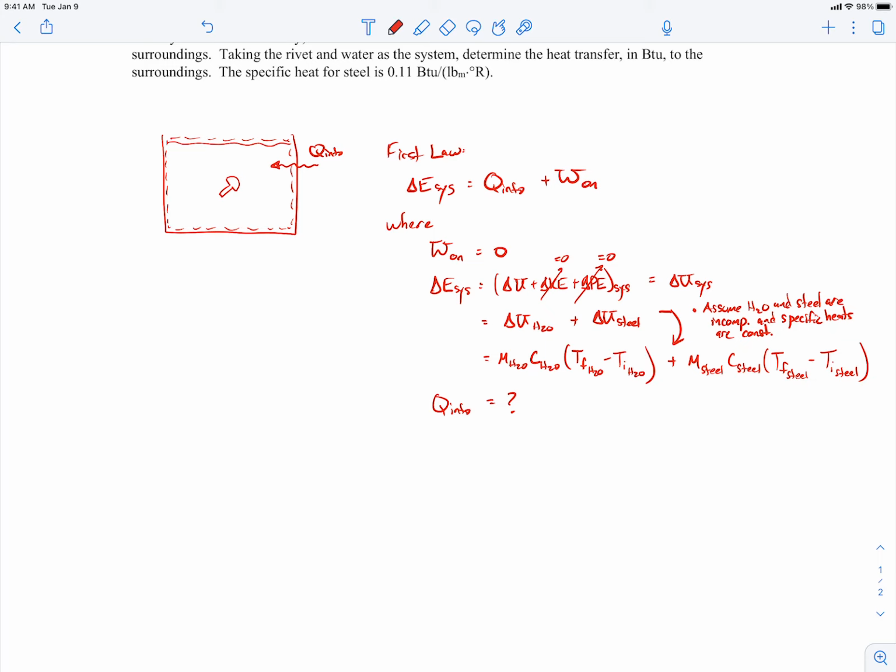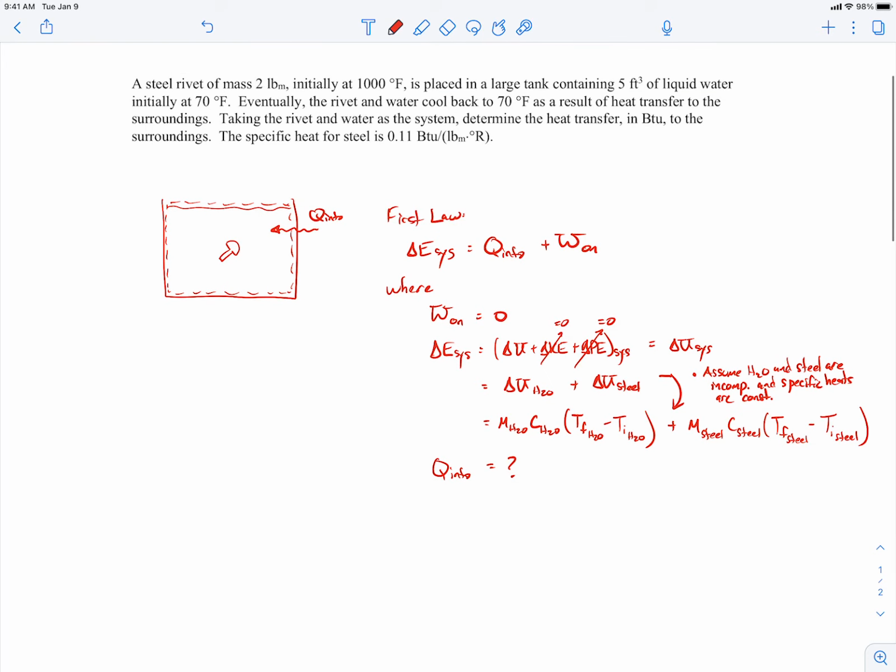Okay. So the next thing to do is to simplify this. One of the things that we're told is the water is initially at 70 degrees Fahrenheit and eventually it cools back down to 70 degrees Fahrenheit. So the final temperature of the water and the initial temperature of the water, those are the same.